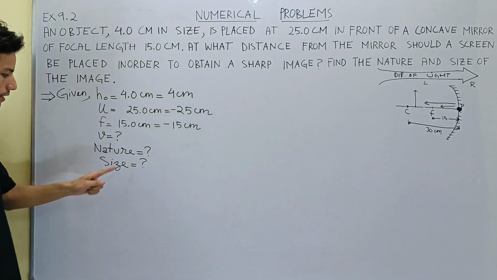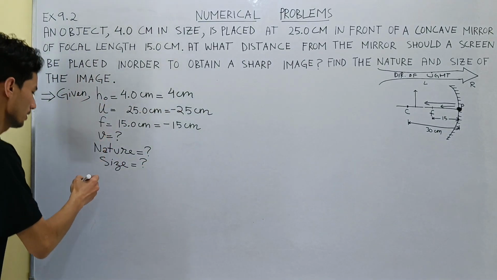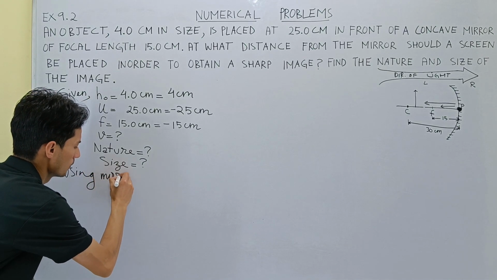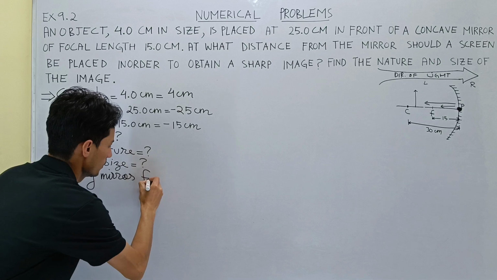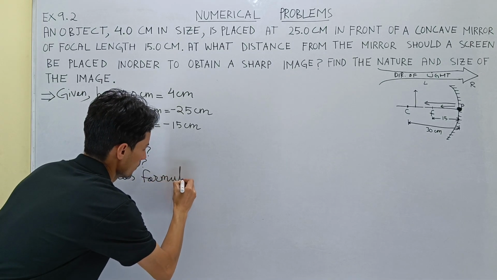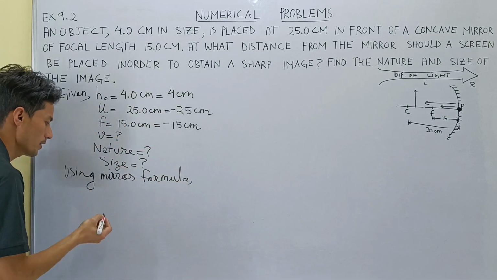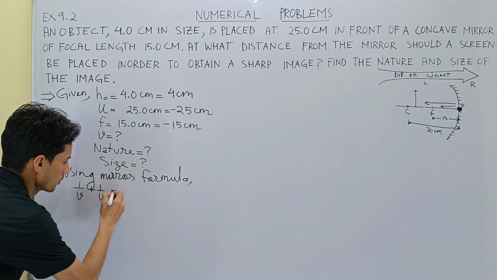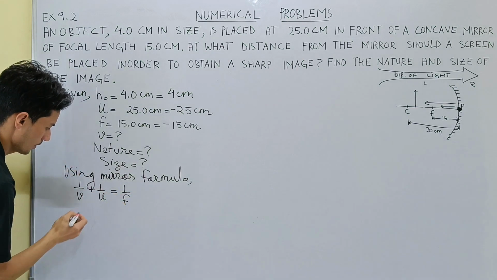We'll use the mirror formula and get the V. Just write the mirror formula once: 1 by V plus 1 by U is equal to 1 by F. This is plus.